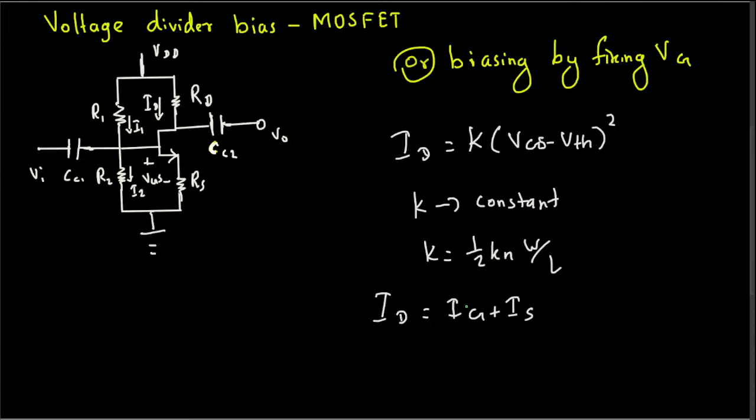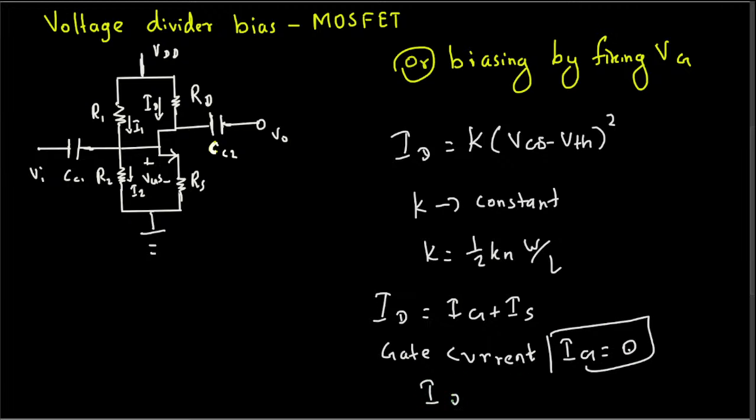But Ig is 0, the gate current is 0, which means ID is equal to Is. This is considering the ideal situation; in reality there is a gate current, but that's very small compared to the source current, so we can neglect it. Ig is equal to 0, so ID is equal to Is.